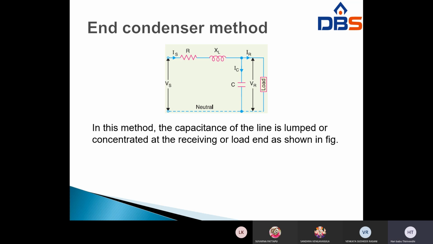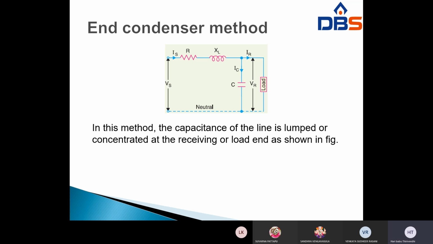where IS is nothing but, here look at the figure, the sending end current is a combination of the capacitive current and the receiving end current. IS is equal to IR plus IC. IR means IR cos phi R minus j sin phi R. IC means capacitive current, VR by XC, that is 1 by 2 pi FC, that is 2 pi FC VR.